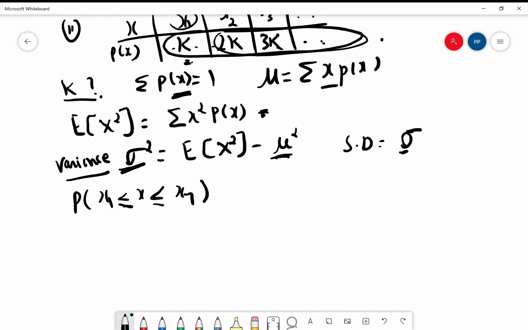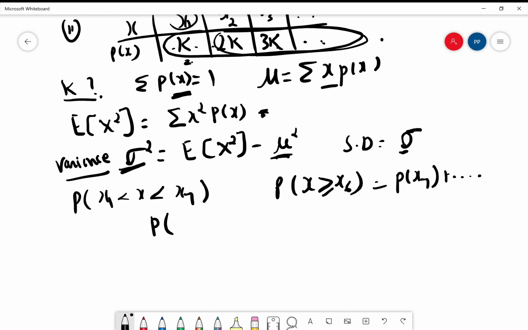If this is included, you have to include p of x7 also. If these are excluded, then you have to find only p of x2 to x5. Similarly, p of x greater than x6. Now you have to take all the values from p of x7 to the last value. Suppose it is this. So if it is included, then you have to include p of x6 also if this equality symbol is there. Okay, otherwise you start from p of x7.